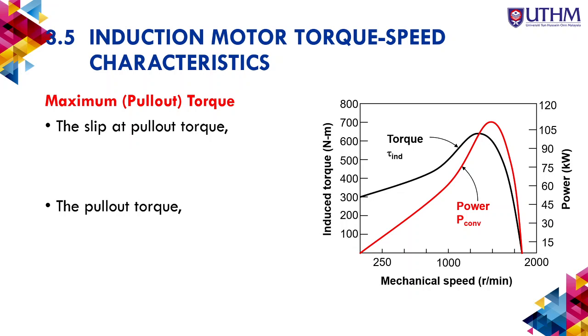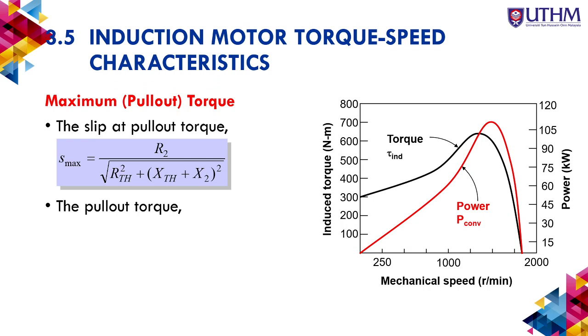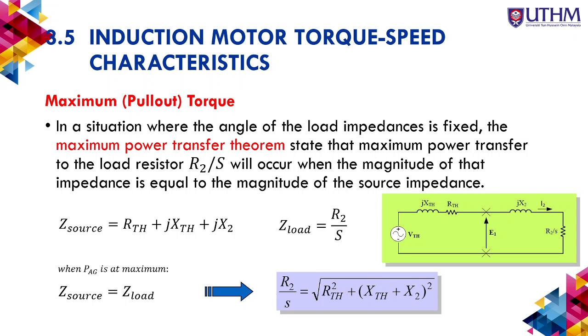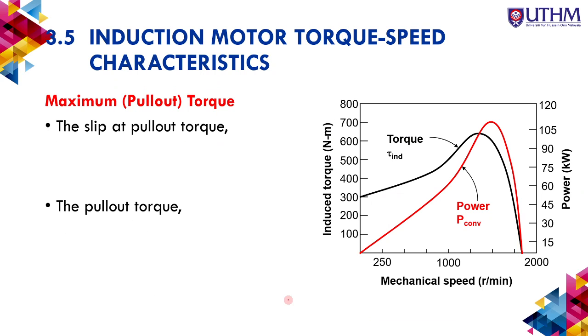Then the pull out torque actually happens at the maximum slip. You can see from this that it happens when this is maximum. So the slip at the pull out torque, you can see from the graph, this is the slip max.